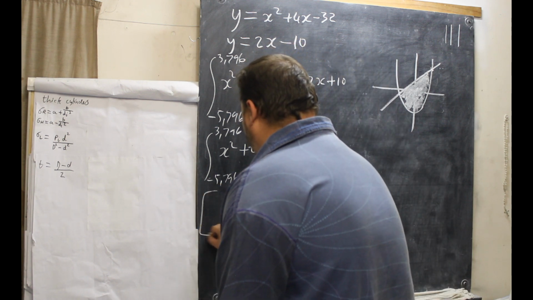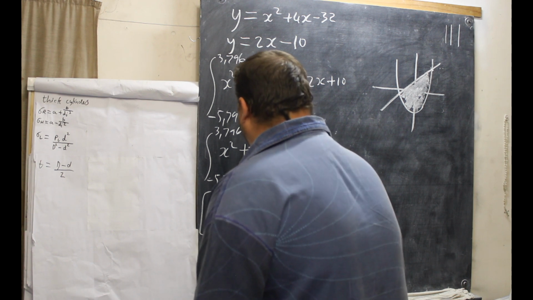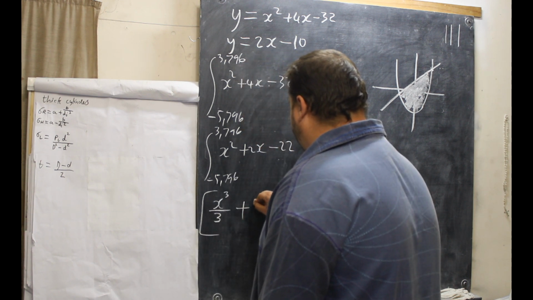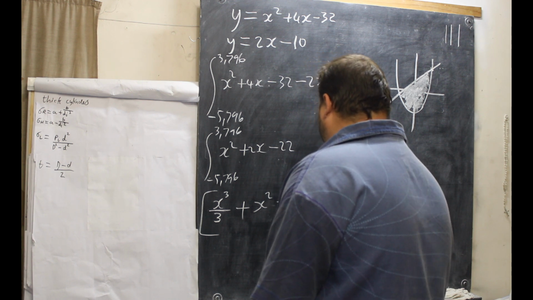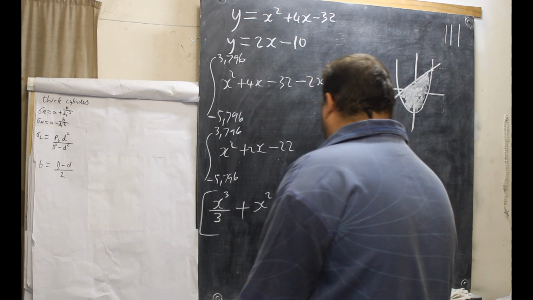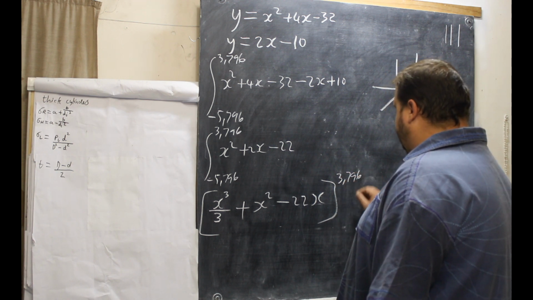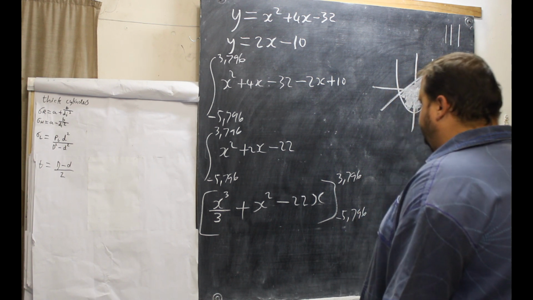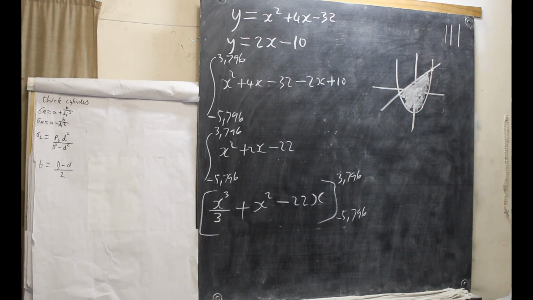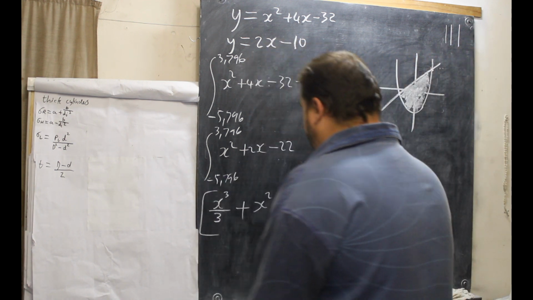Right, so let's go. x cubed over 3 plus x squared minus 22x, from x2 to x1. So now we put these all together and we subtract them.